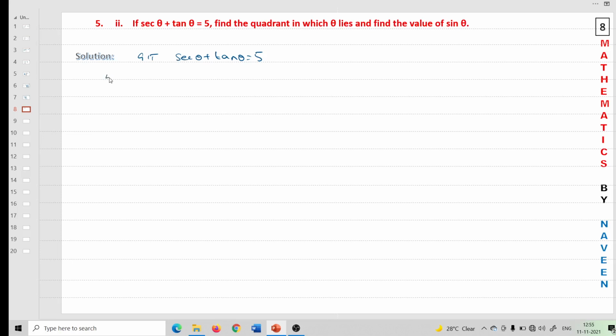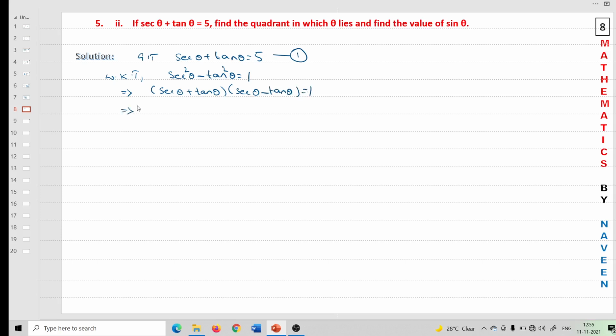We know that the identity including secant and tan is secant square theta minus tan square theta is equal to 1. So a square minus b square, we can write as a plus b into a minus b, that is (secant theta plus tan theta) into (secant theta minus tan theta) is equal to 1.